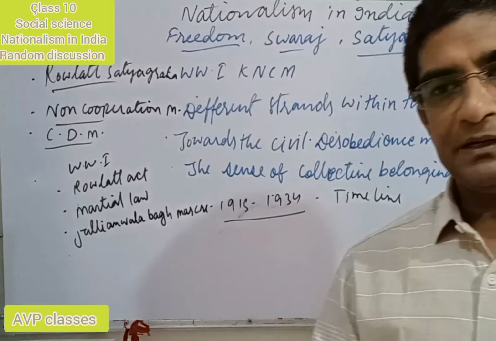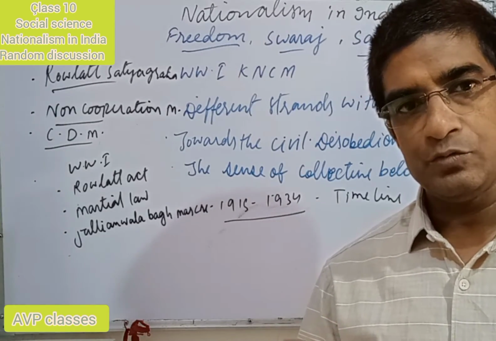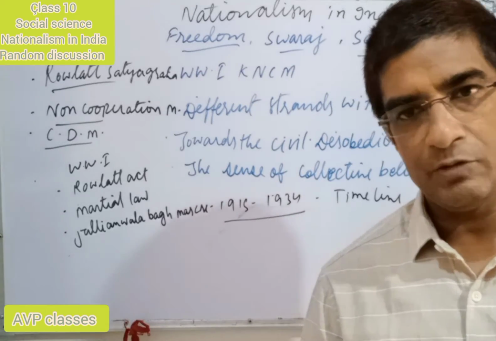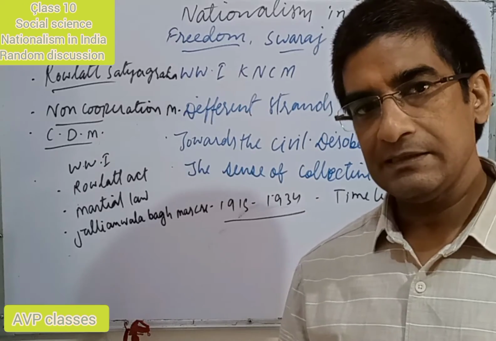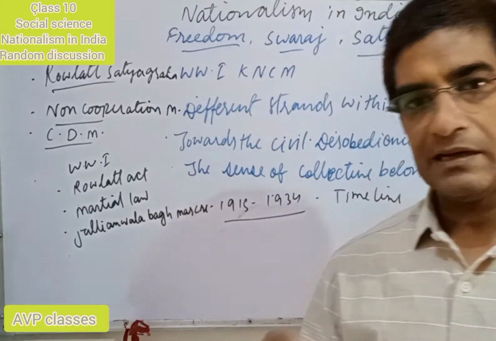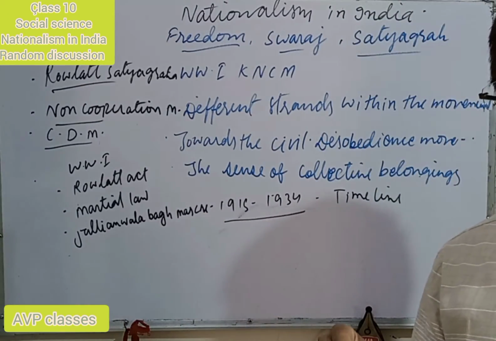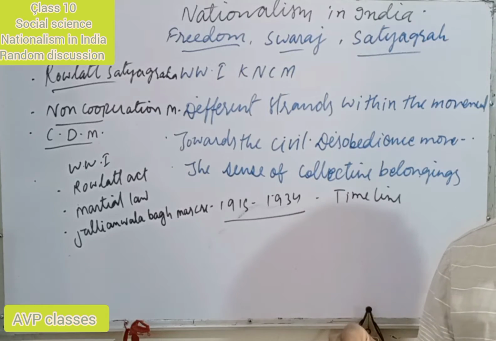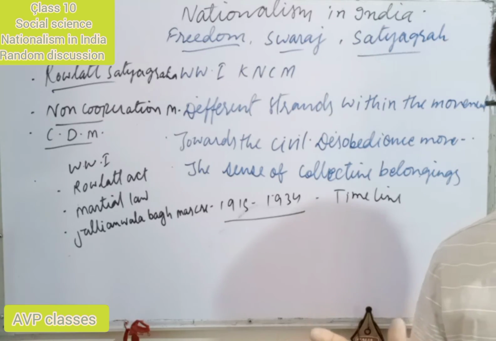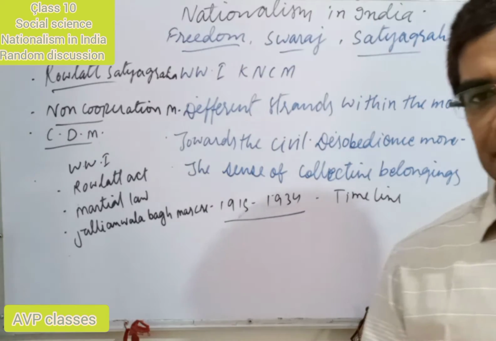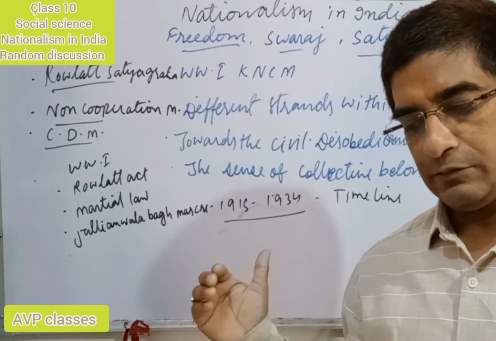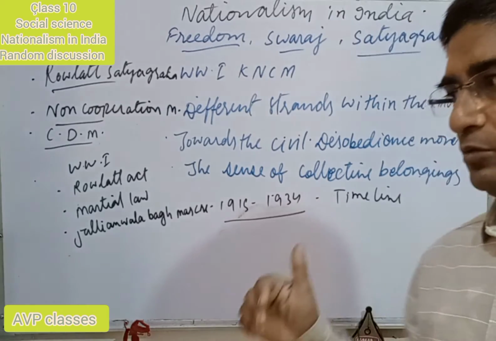So Britain decided to overcome its wartime expenditure. They imposed various kinds of taxes, income taxes, and many other revenues, and they were not ready to reduce the revenue at the same time. So this was a very cruel economic phase of Britain during this period. Okay, na?